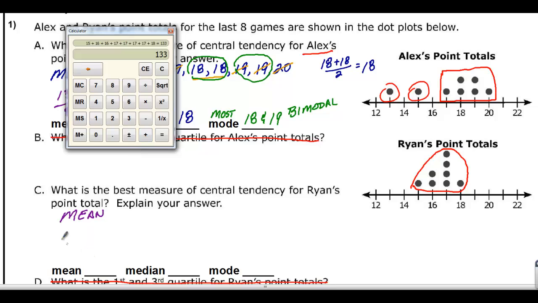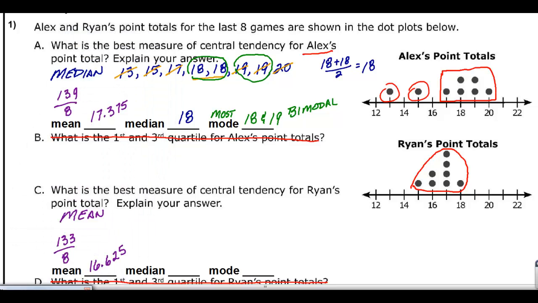And that is equal to 133, which we're going to divide by 8. Again, we have 8 pieces of data, and that gives us a mean of 16.625. All right, let's go ahead and put that calculator away again.